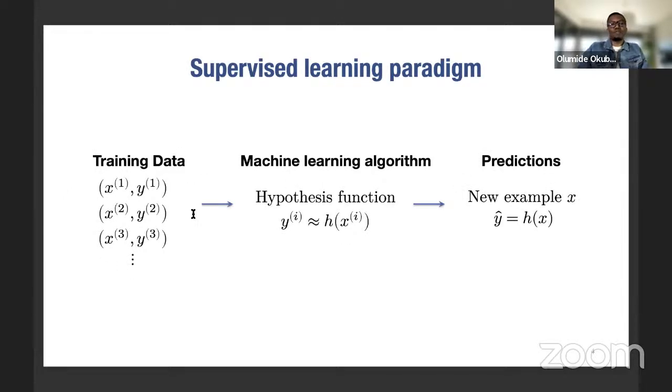So supervised learning, I'm sure we remember this from our supervised learning class. You have training data, you have a machine learning algorithm, and your algorithm is supposed to use your training data, which is labeled. That's why you have X, Y. The data point is X, the label is Y. You pass that into a hypothesis function.